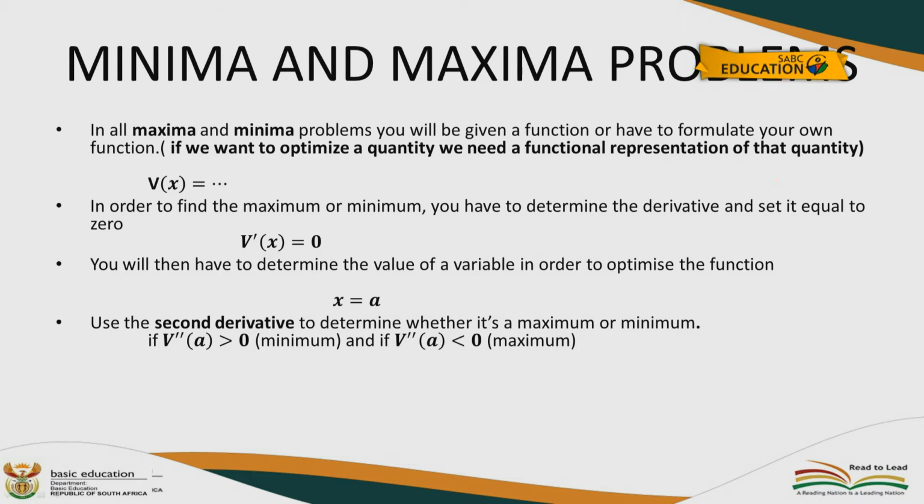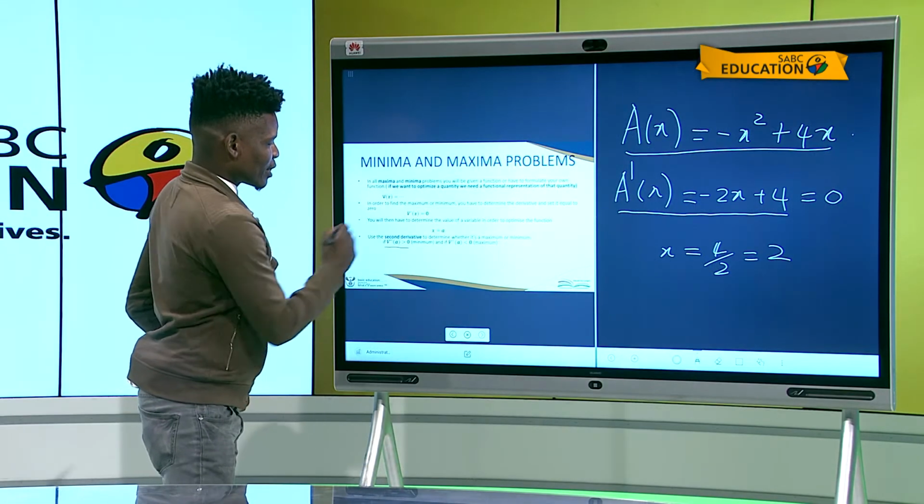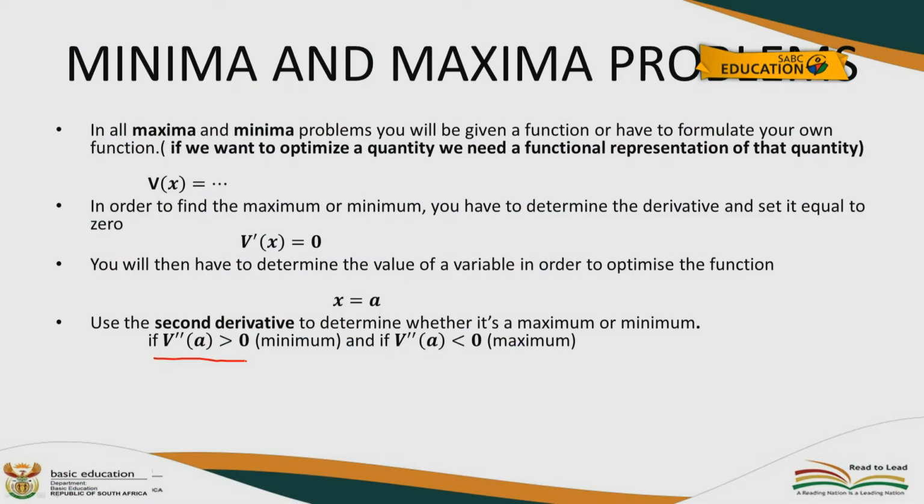So I can always check this: we are going to find the second derivative, and then you substitute the value of x where you expect to have this minimum or maximum into the second derivative. Now, if your second derivative is greater than 0, that means that you are going to have a minimum quantity. And if your second derivative is less than 0, it means that you have a maximum quantity.